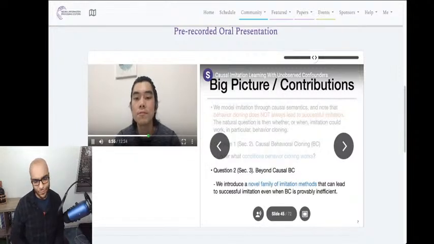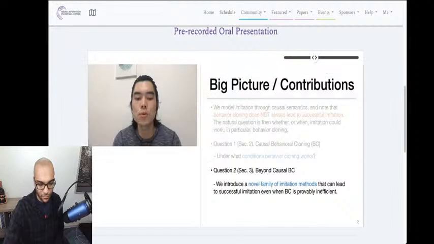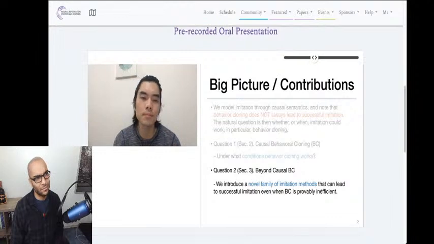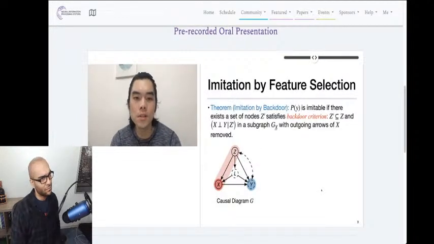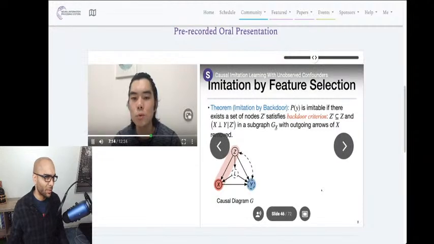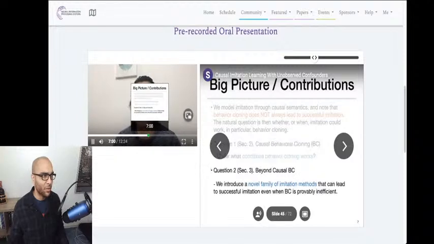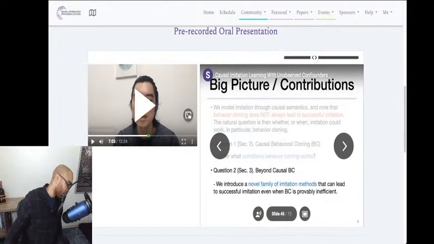So we want to know graphical conditions under which behavior cloning works. And we want to know a novel family of imitation methods that can lead to successful imitation, even when behavior cloning is provably insufficient.